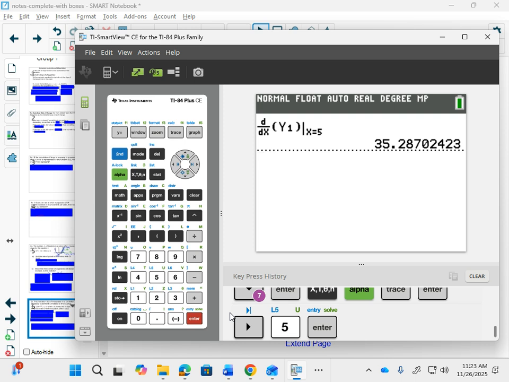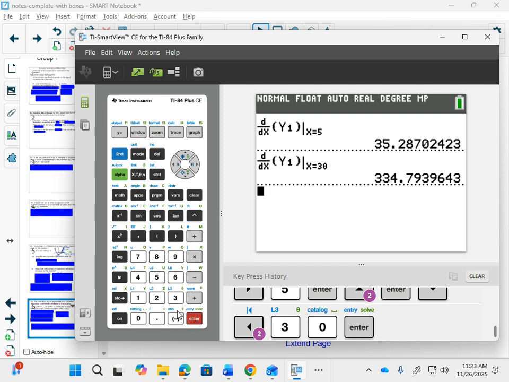Perfect. Okay? What's really nice about this is I can highlight this again, and I can say, well, let's say you did this for like a month, 30 days. 334 mosquitoes per day at the 30 days. You spend a year doing this. Highlight it again.